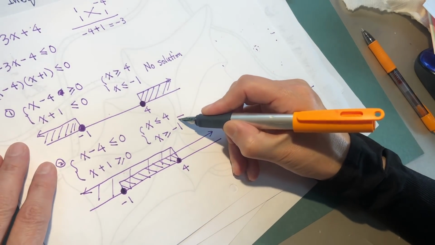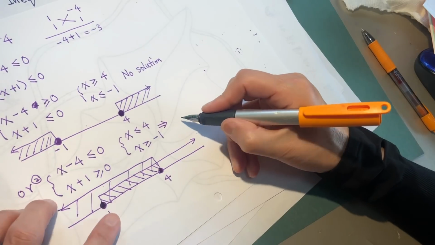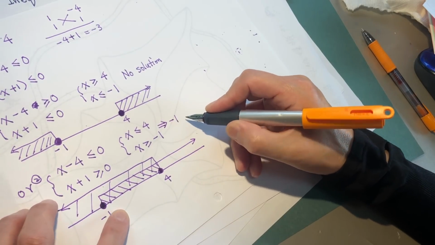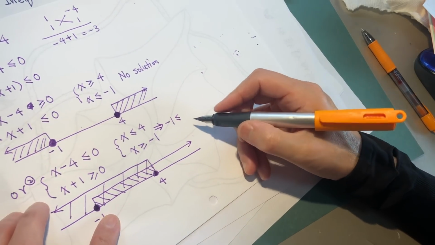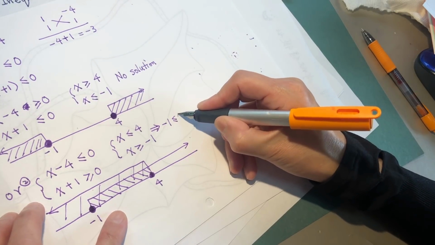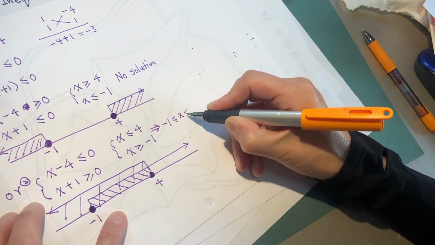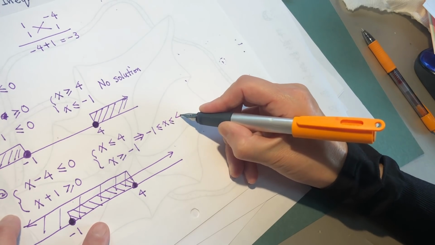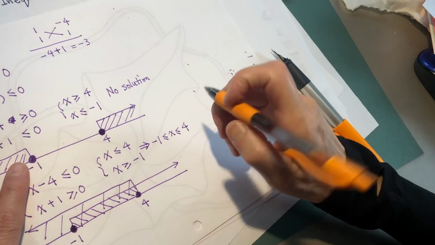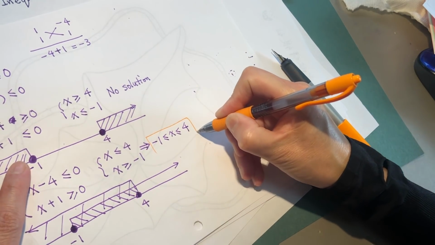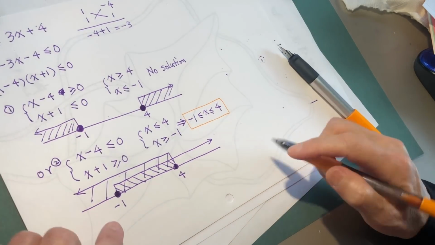So the final result, we get -1 smaller or equal to x, and x smaller or equal to +4. So this one, they have a happy marriage.